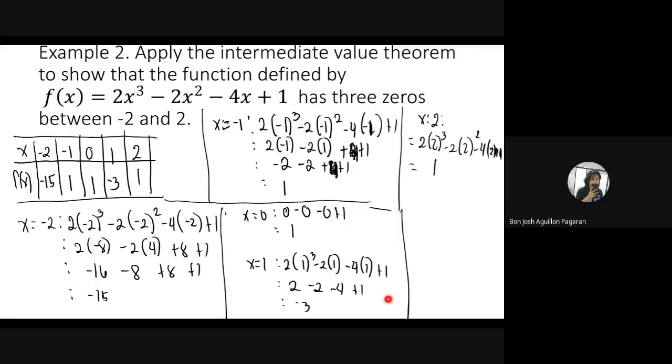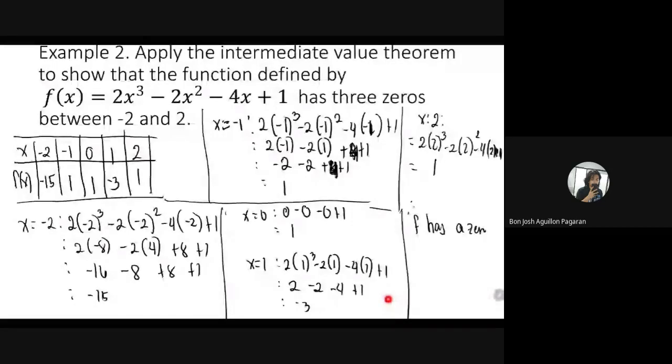minus 4x plus 1 has three zeros between negative 2 and positive 2. We'll just look at the value of our y once we substitute the value of x. It should be an alternate sign. So if that's the case, then the conclusion will be f has a zero.